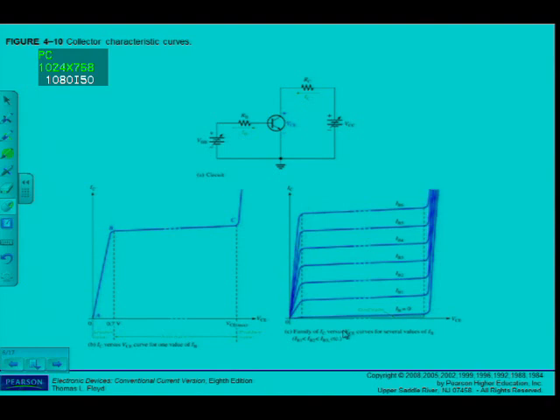Okay, the next thing that I want to discuss here is we're going to draw some collector characteristic curves of the transistor. This is very important, that you do know the characteristic curve of the transistor. Always IC against VCE.